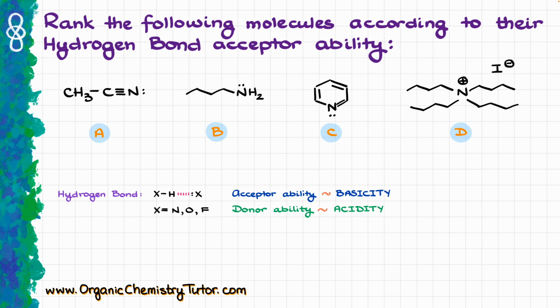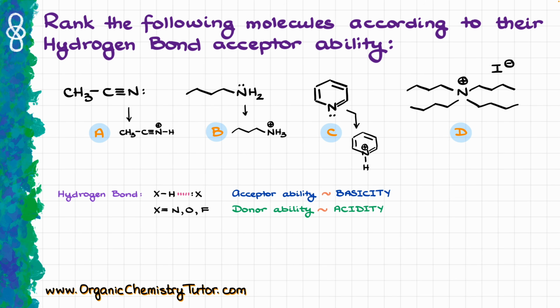So for molecule A, I am obviously going to be protonating the nitrogen here, so my conjugate acid is going to look like this. Likewise, for molecule B, I am going to add the hydrogen onto my amine, and now it's going to make this NH3+. For the pyridine, my molecule C, I am going to add a proton to the nitrogen, making the protonated pyridinium ion.